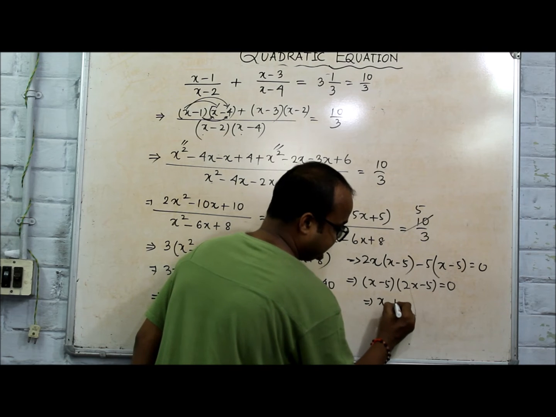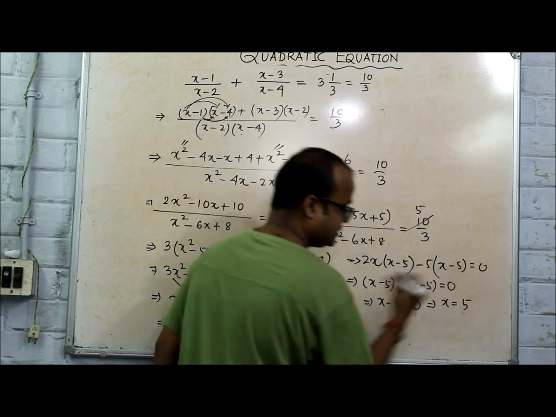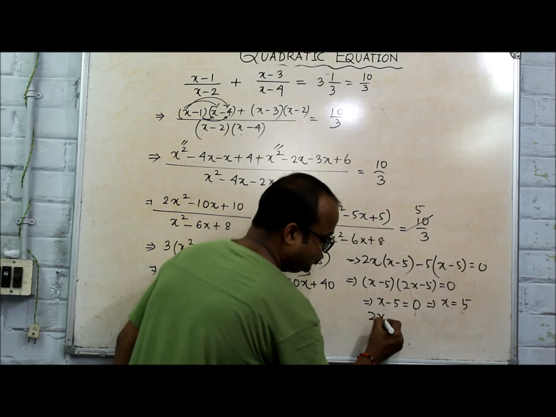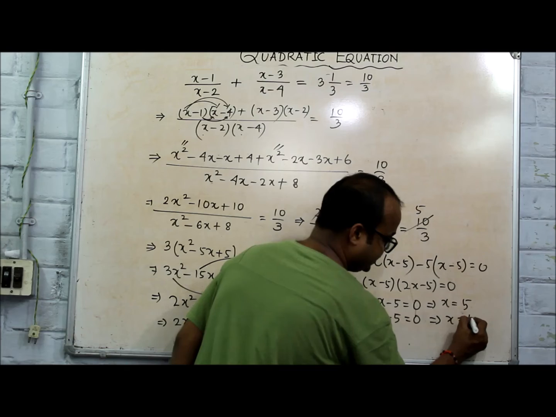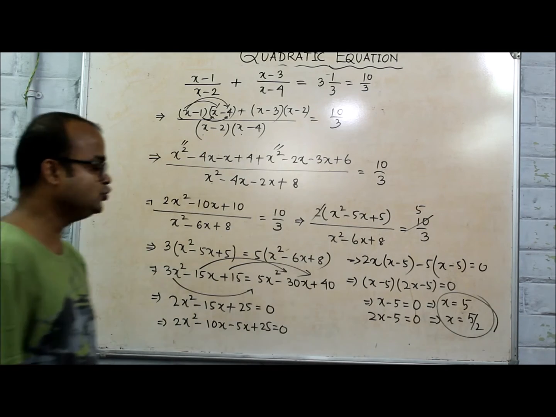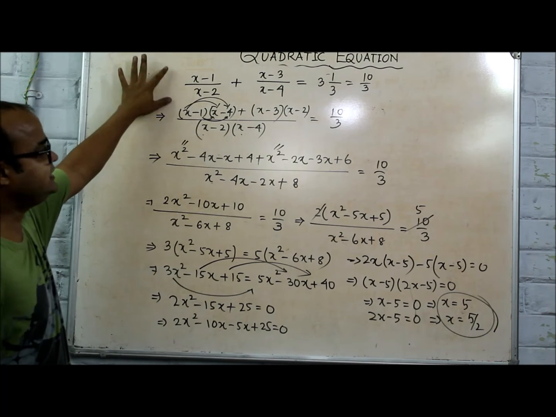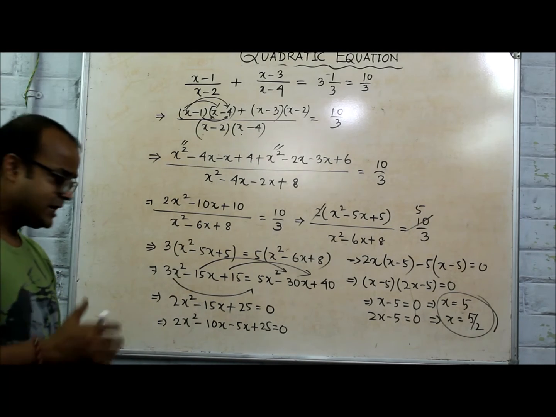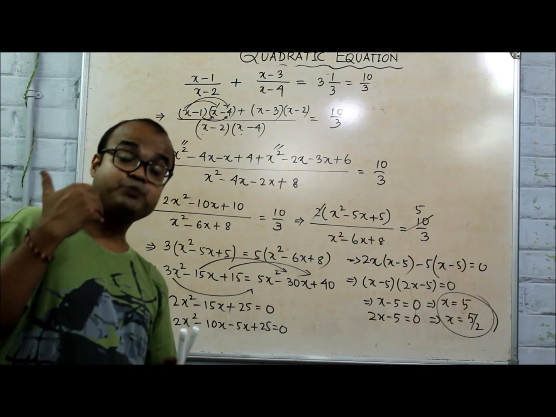It implies either x minus 5 is equal to 0, so x is equal to 5, or 2x minus 5 is equal to 0, which implies x is equal to 5 by 2. So 5 and 5 by 2 are the solutions of the given quadratic equation. Again, I am emphasizing, learn the process.